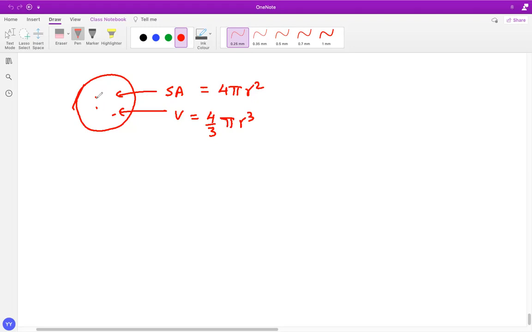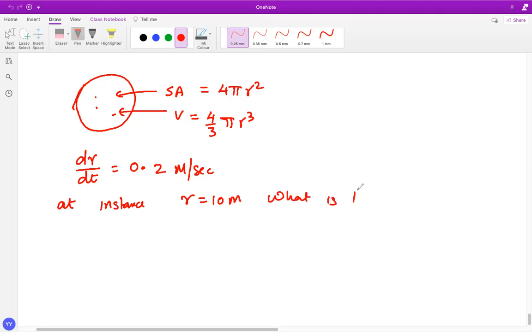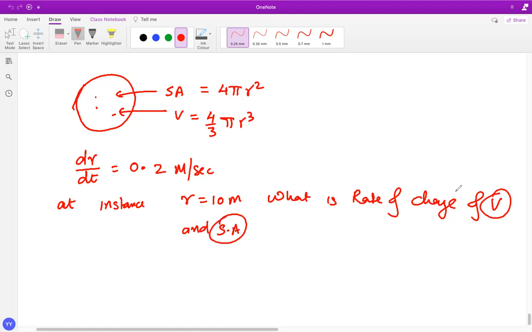It has been given that due to heat it is expanding, the radius is increasing at a rate of 0.2 meters per second. Now at an instance when the radius is 10 meters, what is the rate of change of volume and surface area?